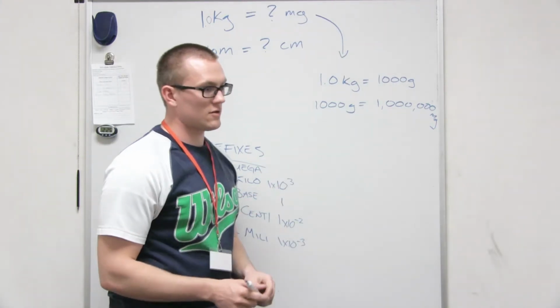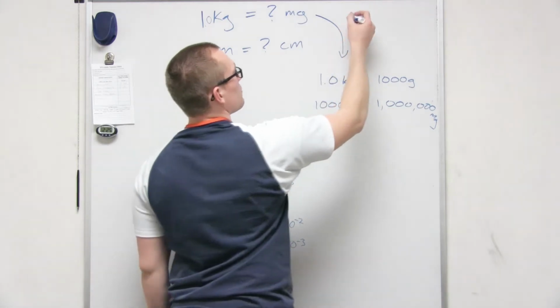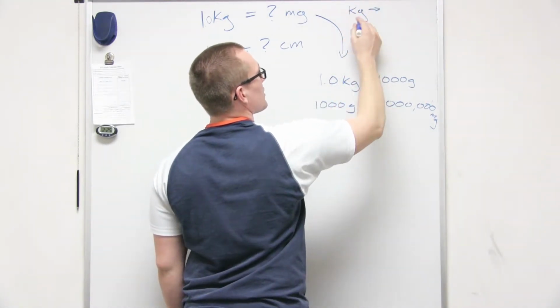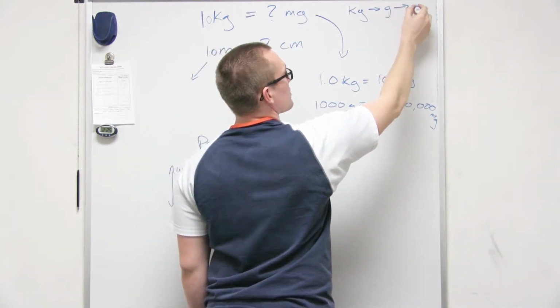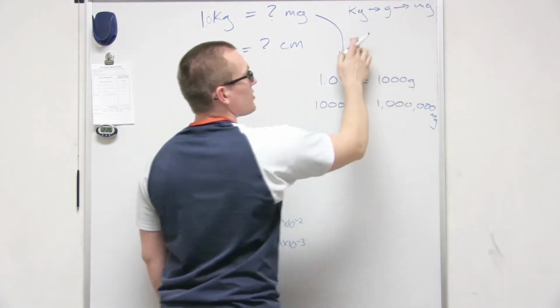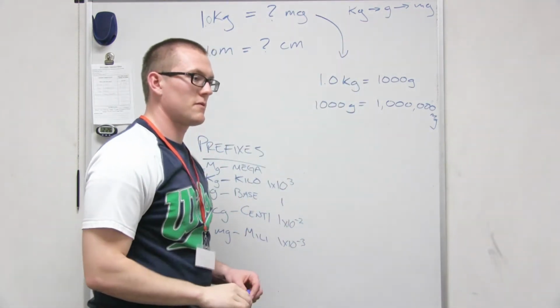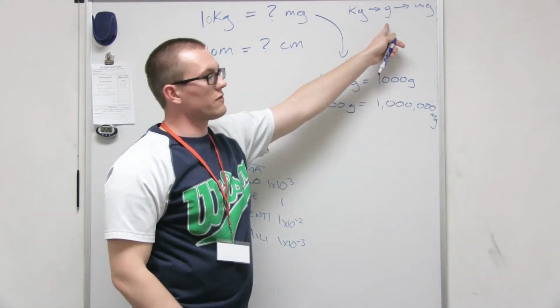1,000 milligrams. Okay. So for this one, we'd go from kilograms to grams, and then from grams to milligrams. So we actually have to do it twice. The 1,000 that you came up with was after doing that first conversion.